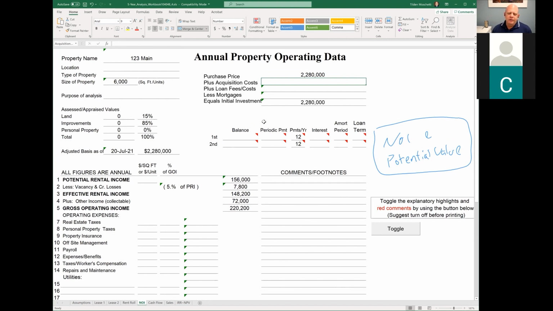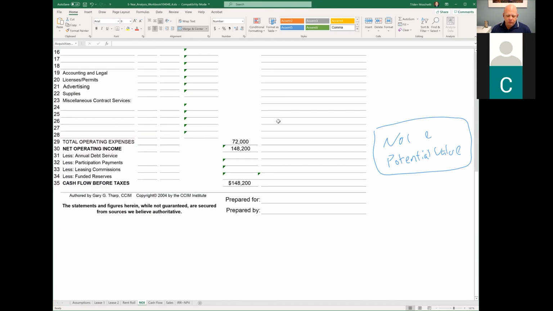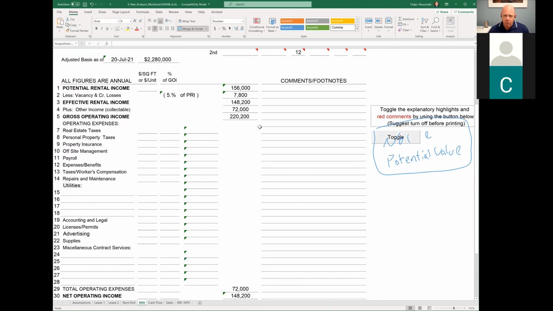So now we've got our purchase price, and now we've got not only the NOI, but the potential value. Now this is, I'm sure, review, but the main point of why we're going through it right now is to see that here is a lever. So this is what changes everything in there.